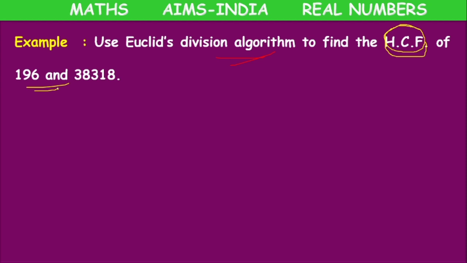HCF is also termed as GCD, greatest common divisor. Now the thing is how to use Euclid division algorithm to find the HCF of given integers. That is the present task.